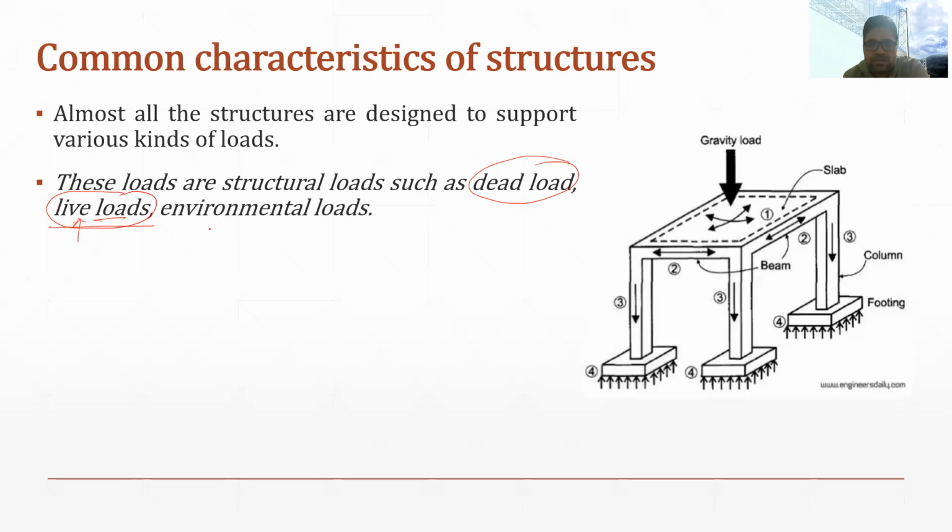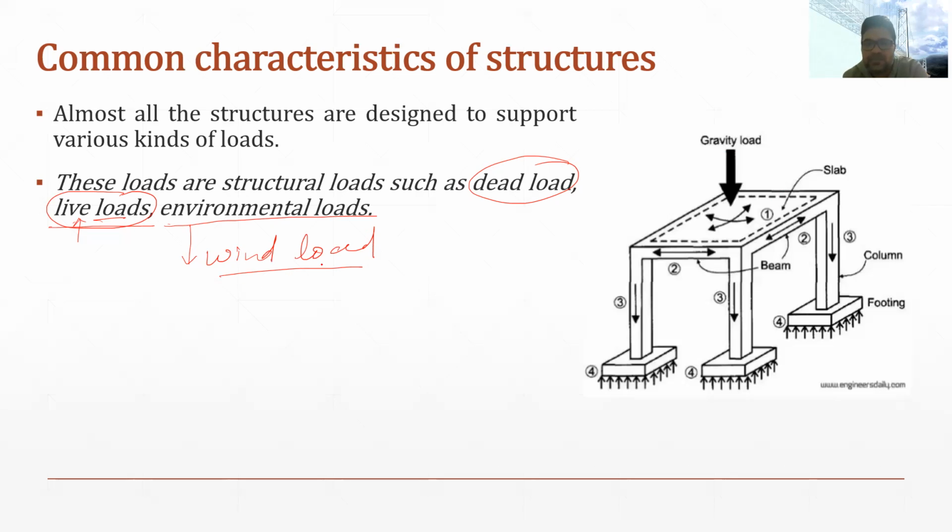Similarly, the third category of the structural load is the environmental load. Now there are various types of load which come under this category. Environmental load can be wind load. This wind load effect on our building is very significant when the height of the building is very large.